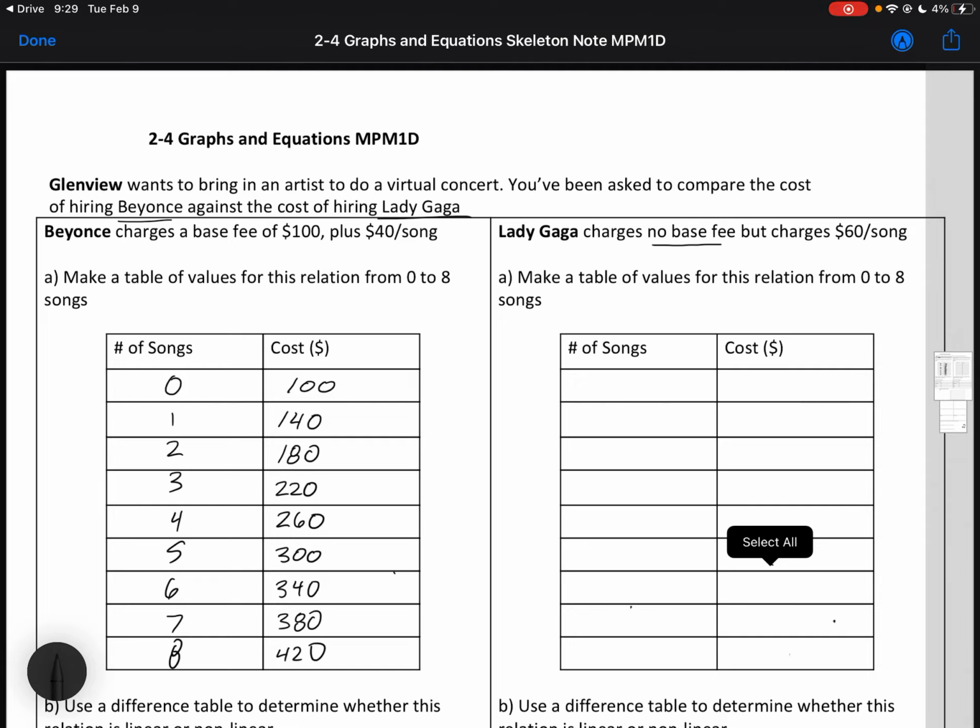Let's do the same thing for Lady Gaga. She charges no base fee, but charges $60 a song.